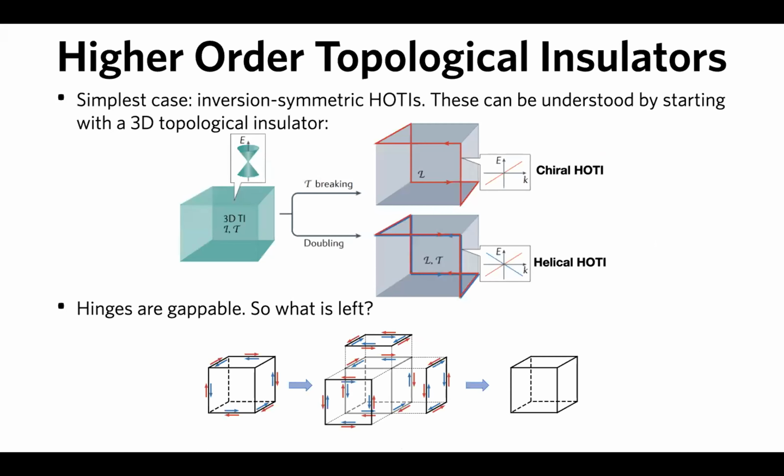Okay, so what I want to do now is apply these ideas to understand what's going on in higher order topological insulators, and I'll focus on the simplest case, just protected by inversion symmetry.